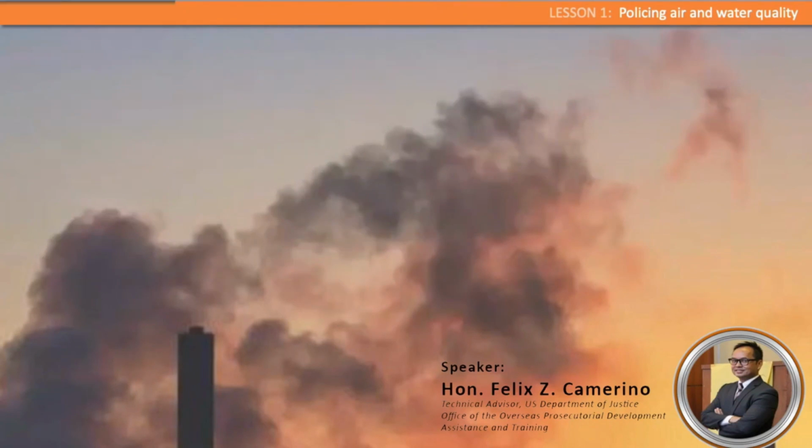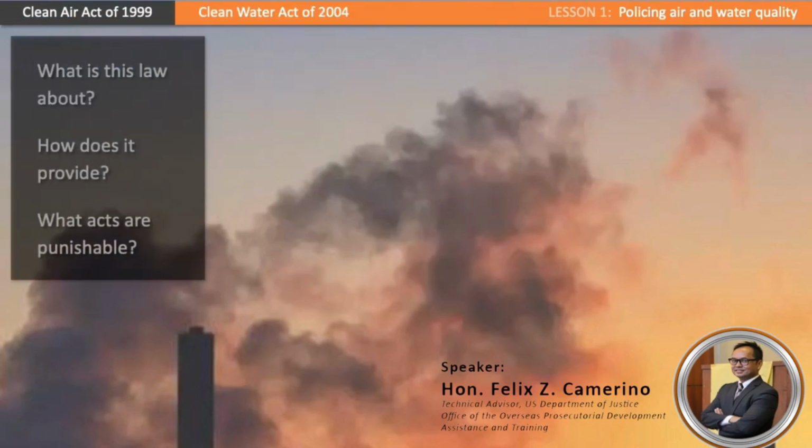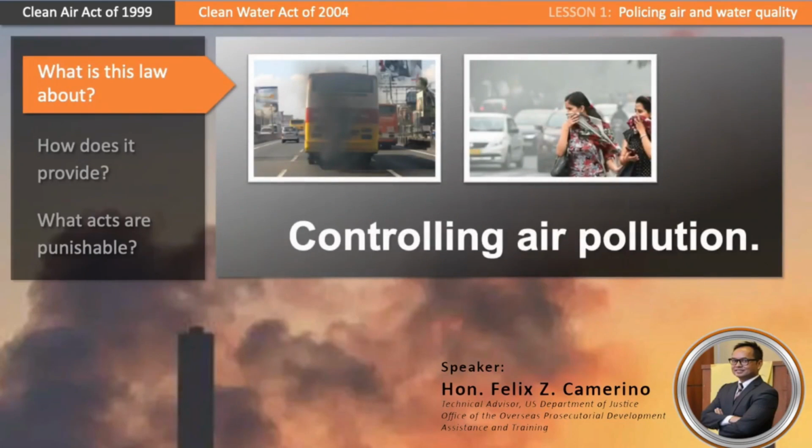For these 2 laws, we're going to be answering the same 3 questions that we were asking of the other laws that we've covered thus far. So we'll start with the Clean Air Act, and we'll ask the first question: what is this law about?